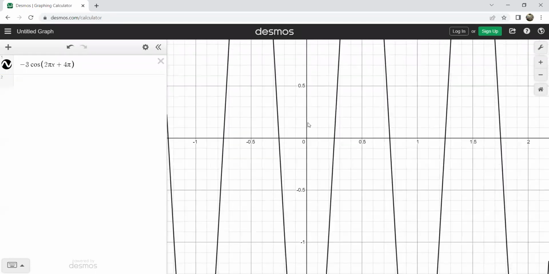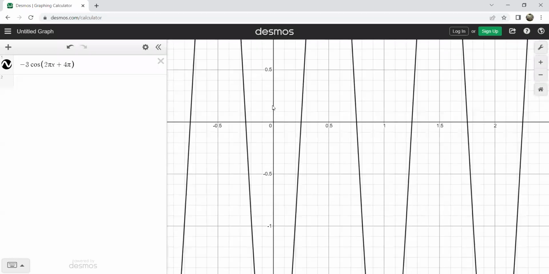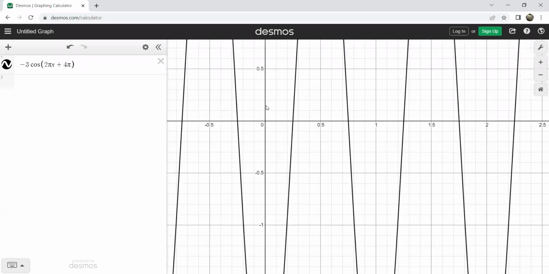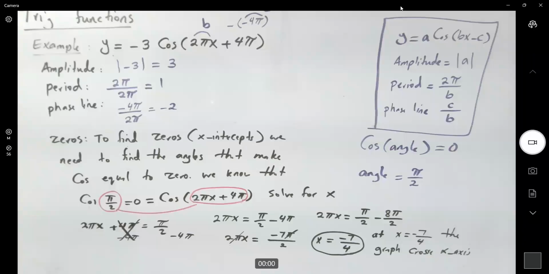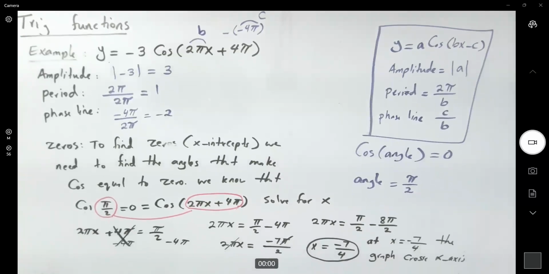Then continue this process to find the rest of your x values. So let us plug in different angles.